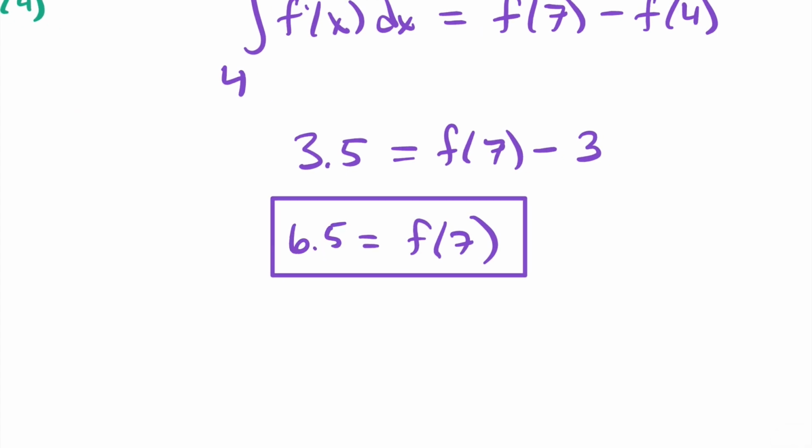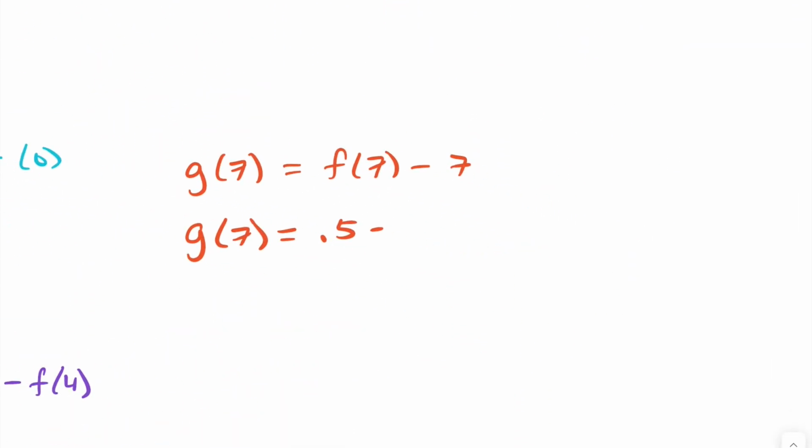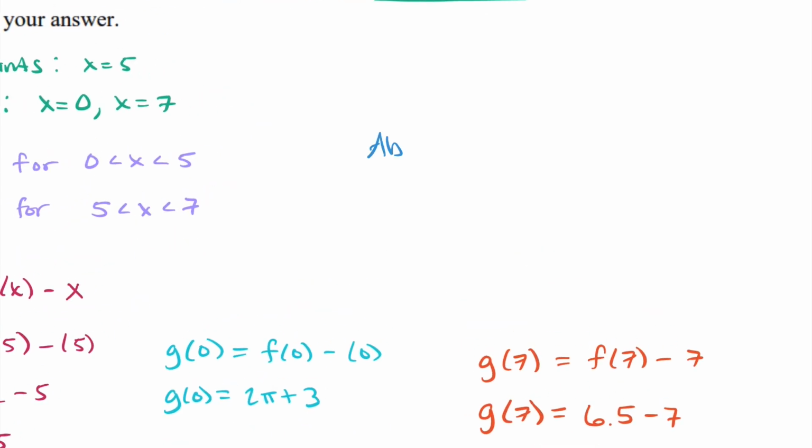I was like, that doesn't work. Here we have 6.5 take away 7. Clearly it's not enough. We get negative 1/2. So we can finally conclude we have an absolute minimum of negative 1.5 at x equals 5.